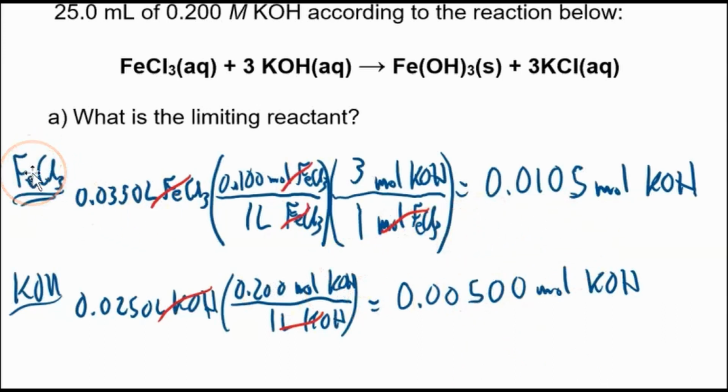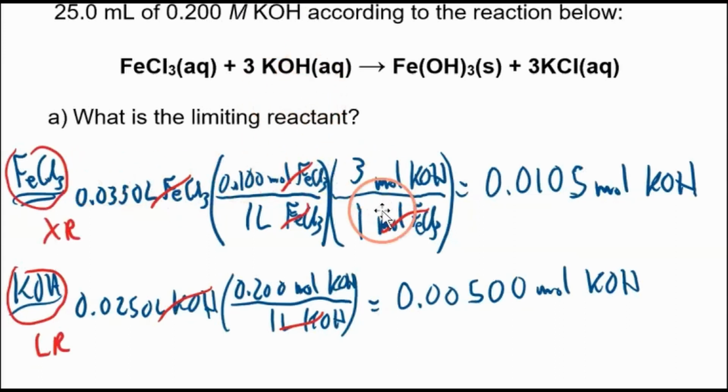The iron 3 chloride needs 0.0105 moles of KOH, but we don't have 0.0105 moles of KOH. We don't have this much. We only have 0.005. So we don't have enough KOH to react with all of the iron 3 chloride. Therefore, this is our limiting reactant.